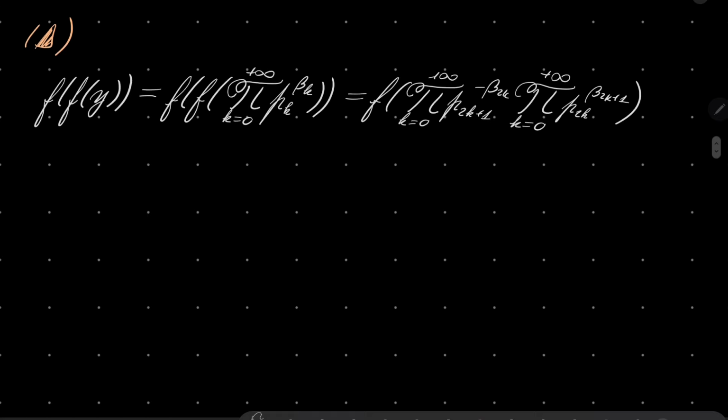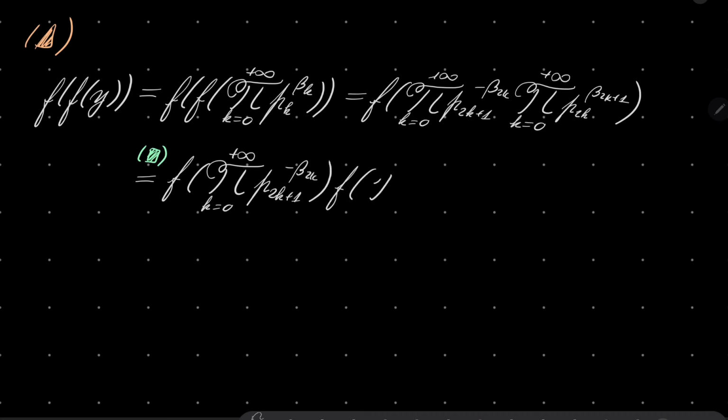Right, and now, using the condition square, which I have just demonstrated, we can change this into f of this times f of this second product.